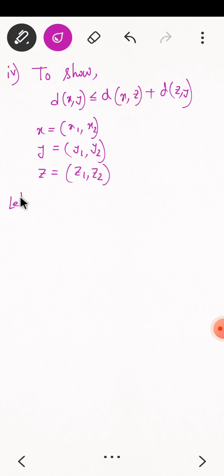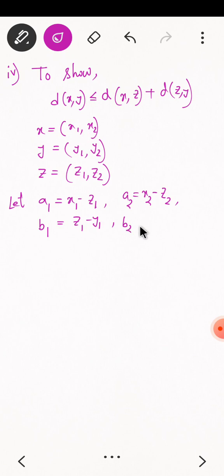So we let a1 equal to x1 minus z1, a2 equal to x2 minus z2, b1 equal to z1 minus y1 and b2 equal to z2 minus y2.